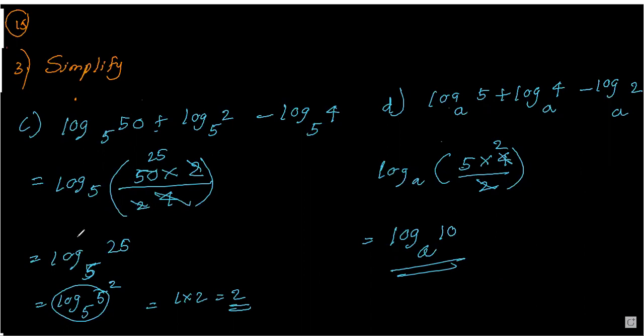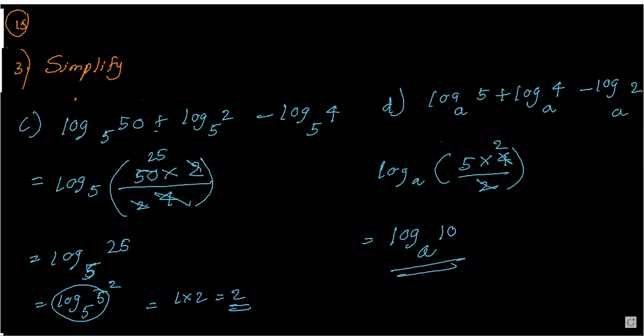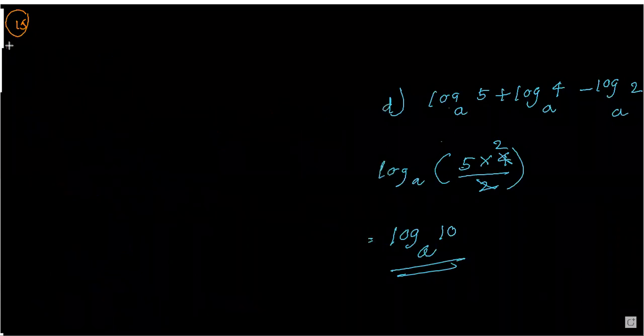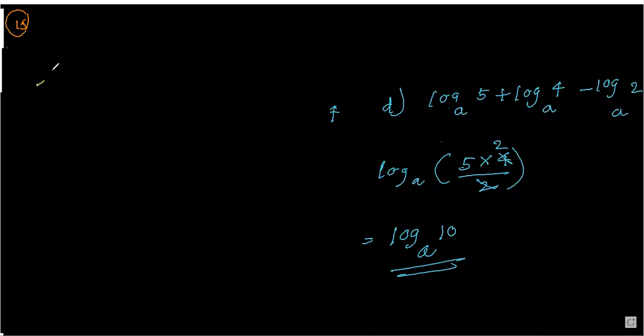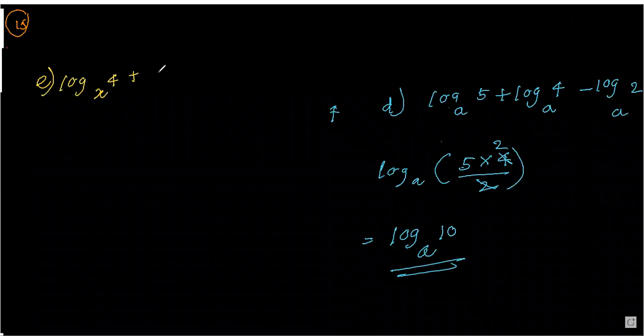Next one E. That is also log x base. I think you already finished this side. If anyone is here who can't understand, ask again. So I will explain. Look at the next question E: log x base 4 plus log x base 12 minus log x base 3.